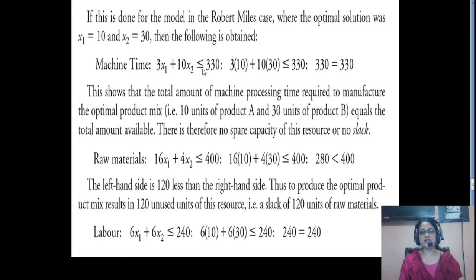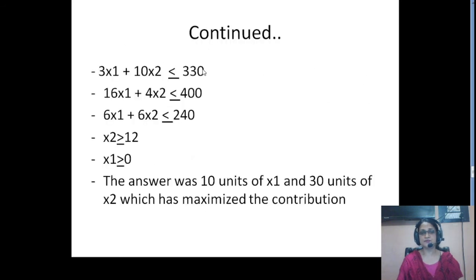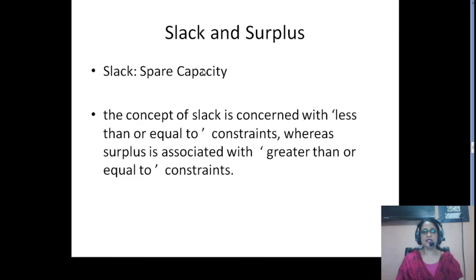So that is what I have written here, students, that the slack is related to the less than or equal to inequality, whereas the surplus is related with what? Greater than or equal to constraint, right?